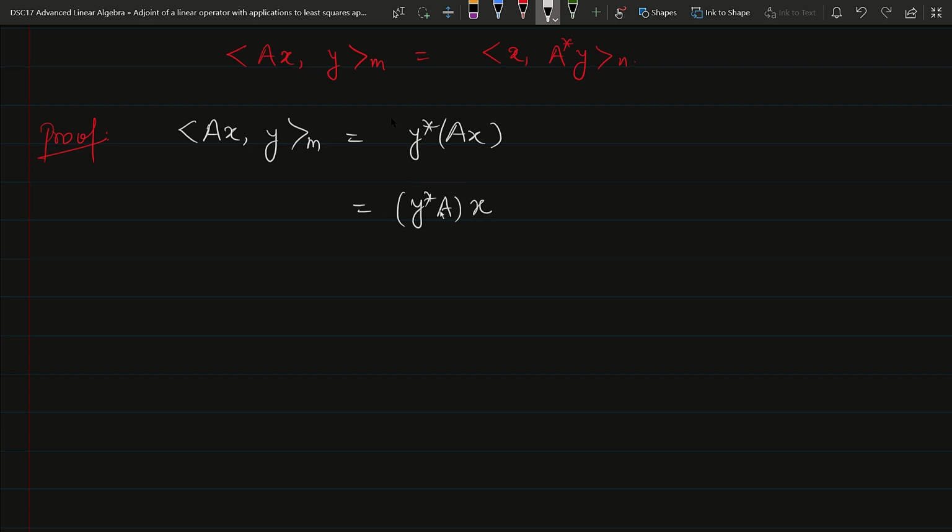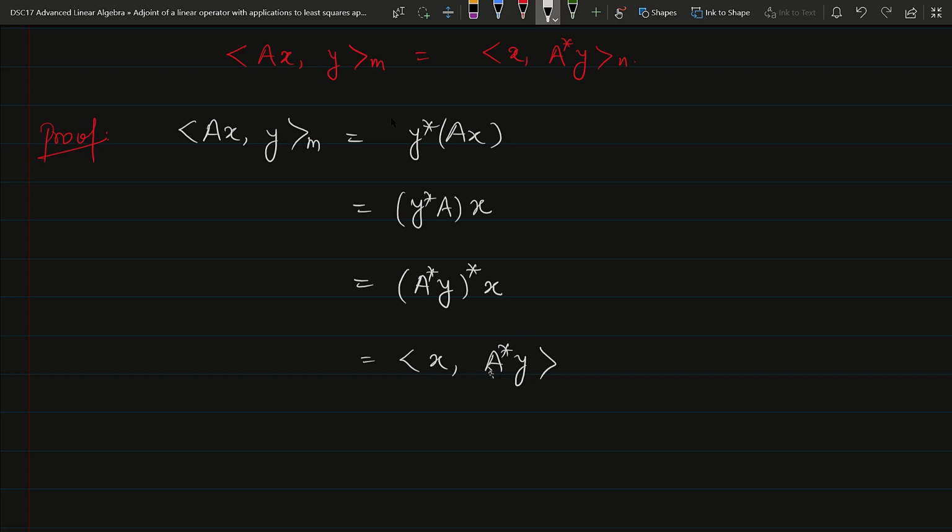Now this is our matrix that is applying on this x, and you can write this as the bracket A star y, then put this star here. If you think of this (A star y) star x as an inner product, then this is similar to x comma A star y, right?